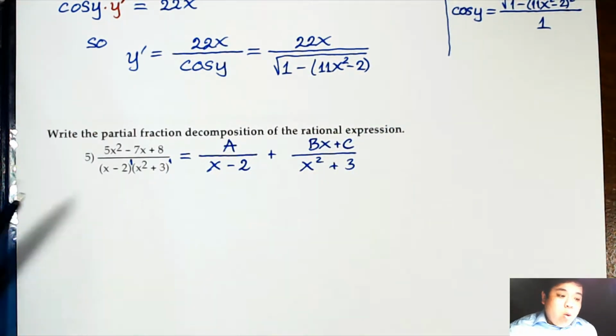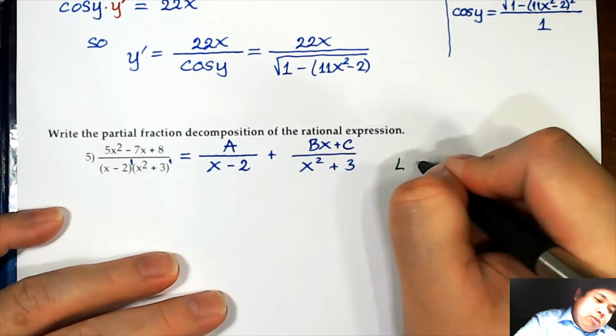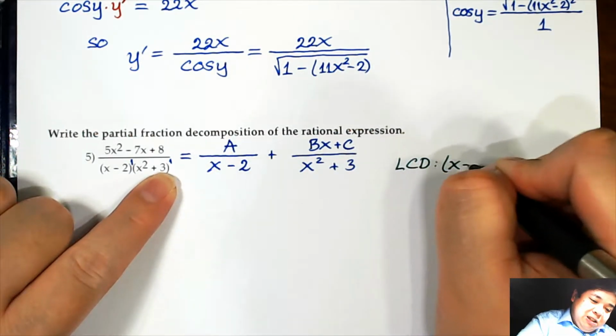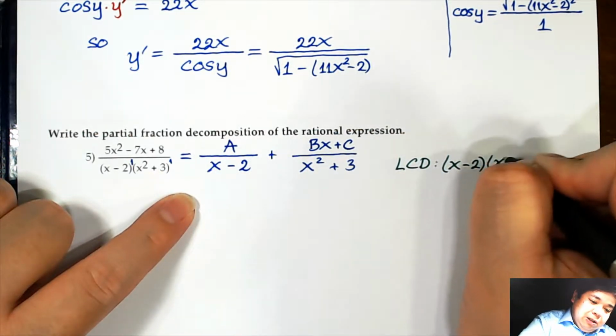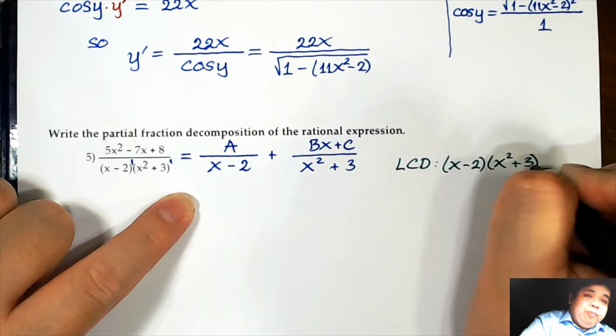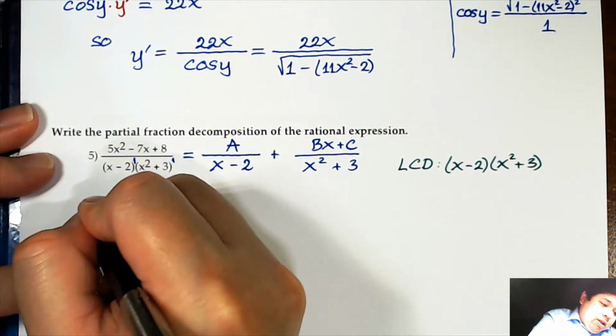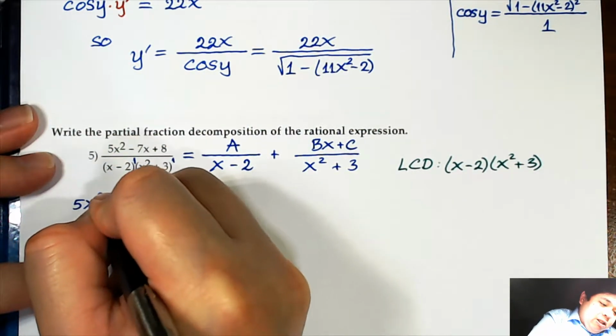We will multiply both sides by the common denominator. So the least common denominator will be that. So we multiply this on both sides of the equation. I just copy the equation.